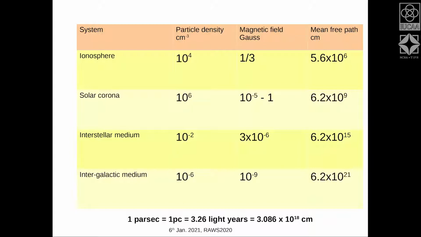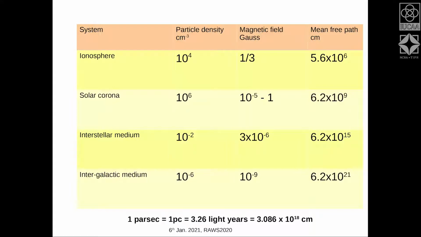If you consider the solar corona, it is a thinner medium. It has a weak magnetic field, and I think here I have interchanged the particle density numbers, but the mean free path there is much larger.